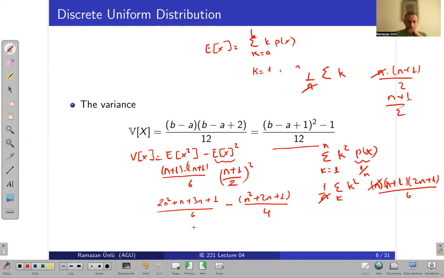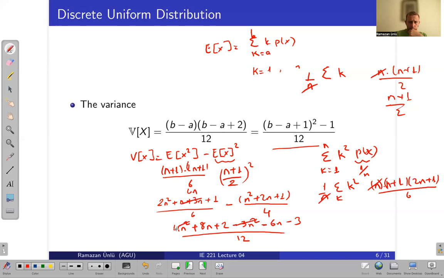Okay. So if I do some math operations, I think it will be 4n squared plus 8n plus 2 minus 2n squared minus 6n minus 3, I think. And divide by 12.